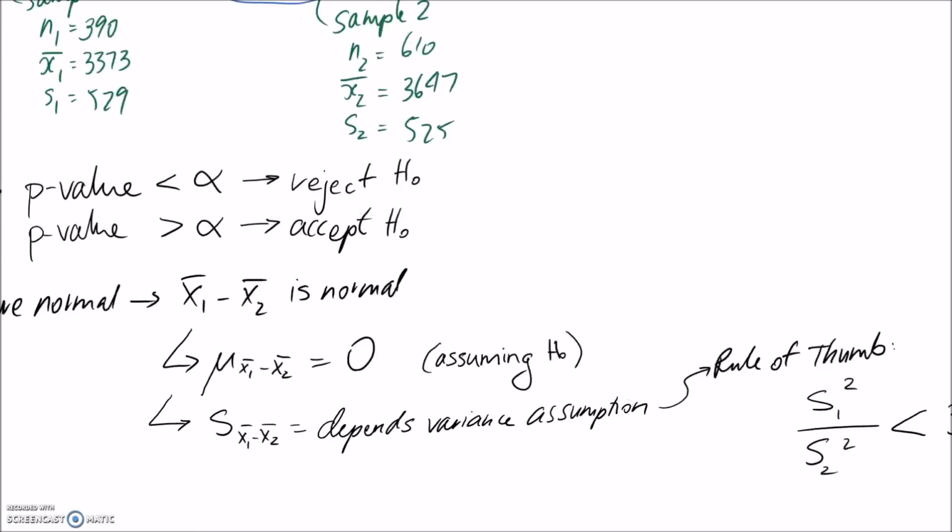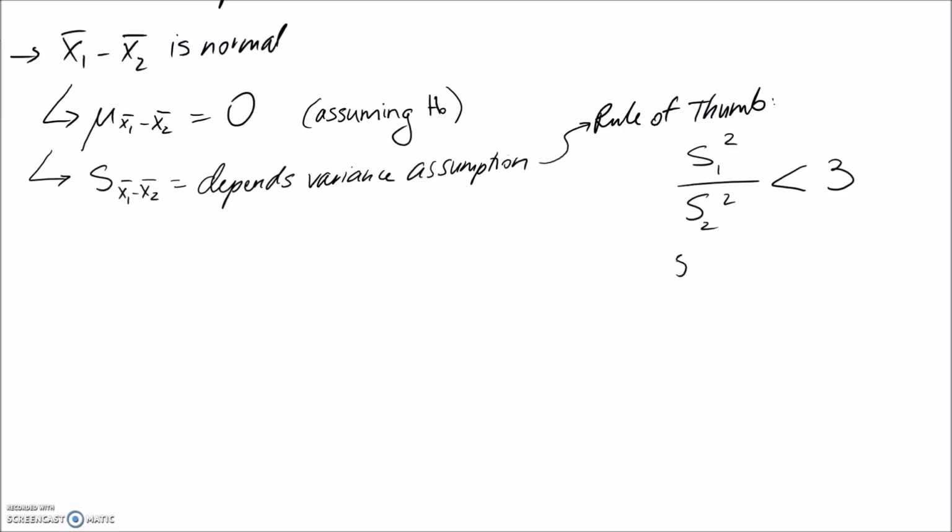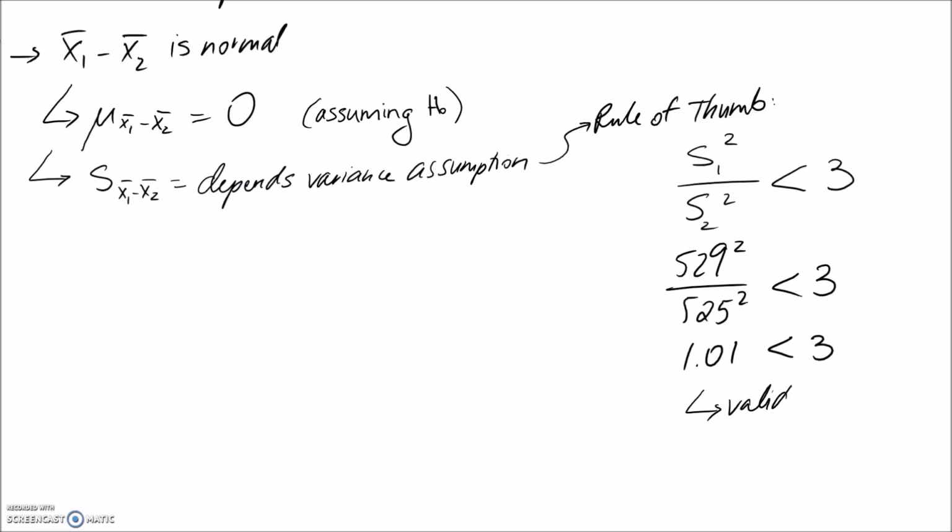Okay, so in our case, S1 was bigger, so 529 squared over 525 squared. So if you sub that in, what you find is this is about 1.01, so that's definitely less than 3, so that means it's valid to assume equal variance between our two populations.